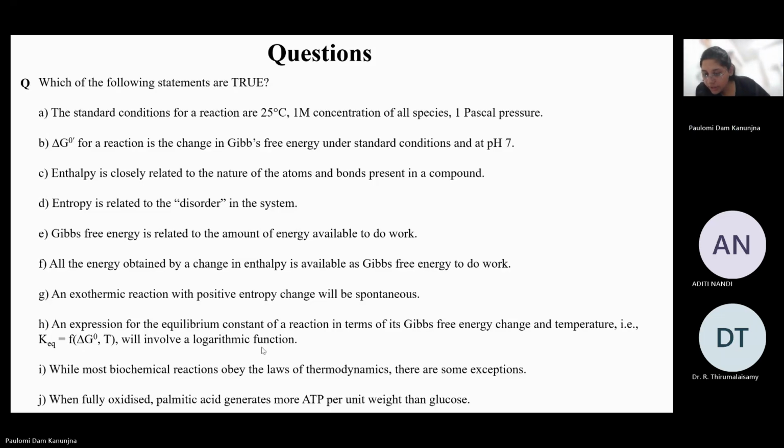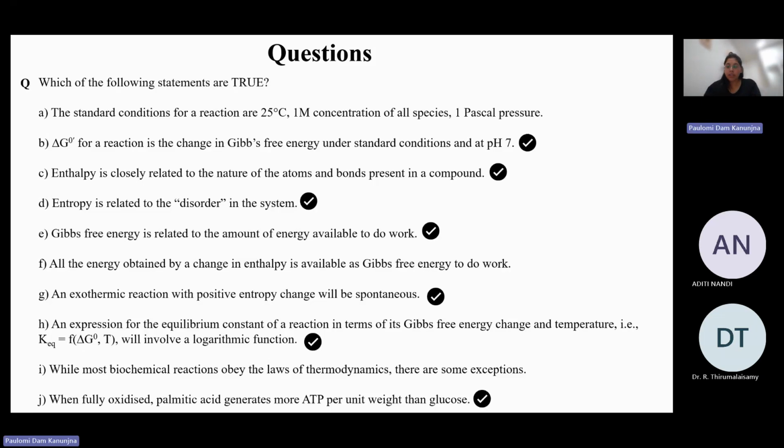All right. You can check if you are correct about the rest three also. Okay. I will let you first see and then I will tell you what's exactly happening. So I'm looking at all these statements which are true. The true statements are B, C, D, E, G, H, J. Did you write more?